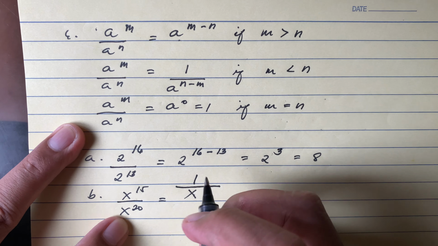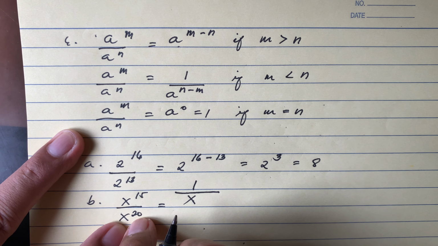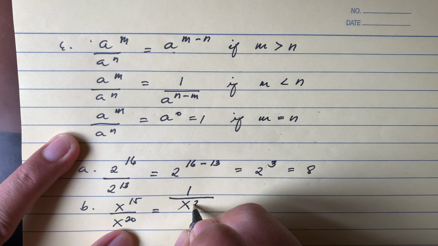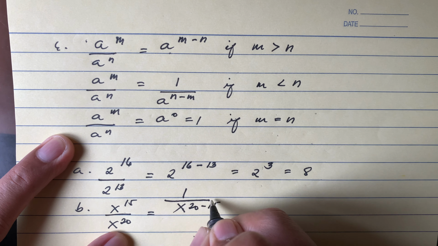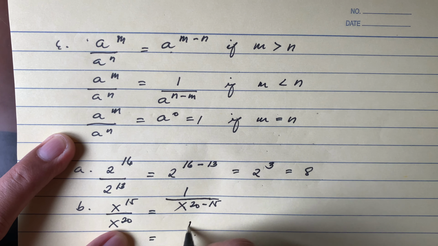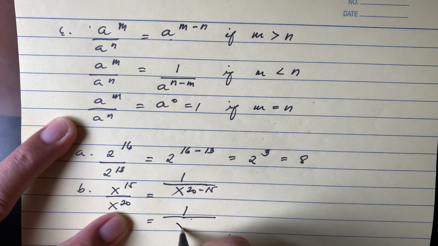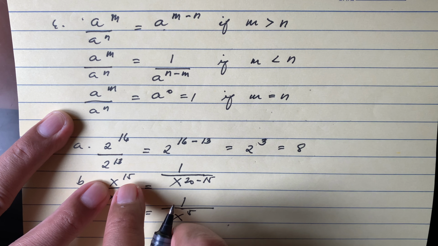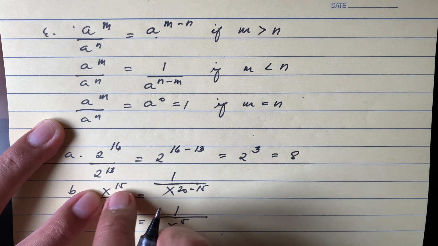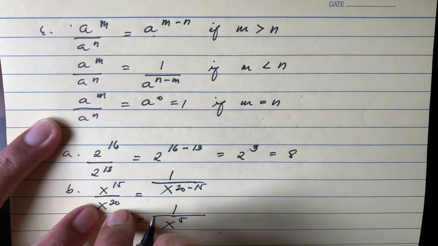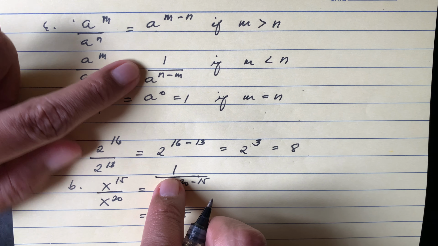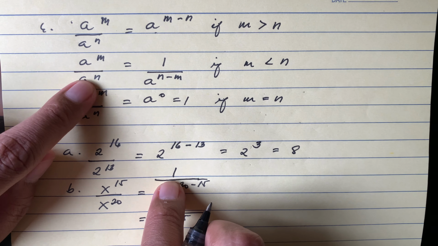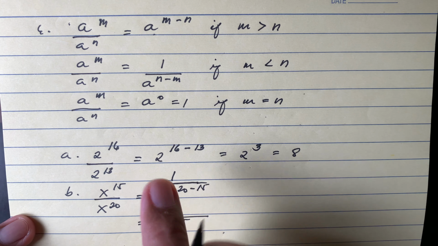Then you just have to subtract the exponents: 20 minus 15. So this will become 1 all over x raised to the power of 5. As you notice, your exponent in your numerator is lesser than your exponent found in your denominator, so we follow the second rule under the quotient rule.